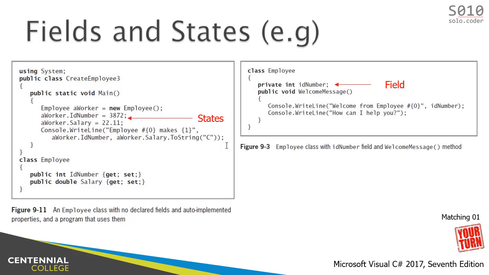But if you have a get or a set, or both, it means that this is a property. A property is how we provide access to our data to the external code outside of my class. We're not going to dive into properties right now, but that's how we do it. So fields, methods, and properties are all members of classes, okay?